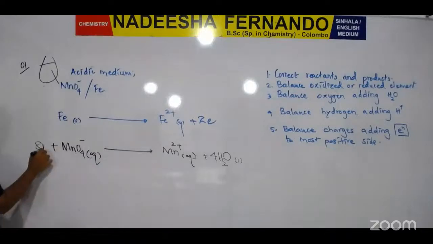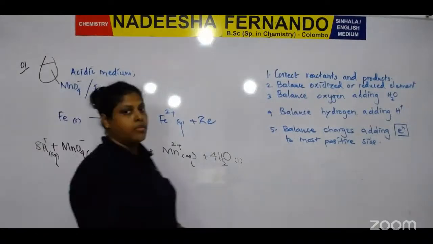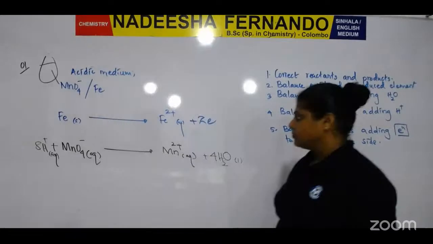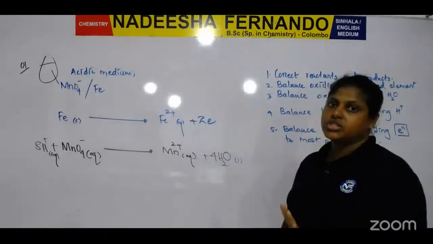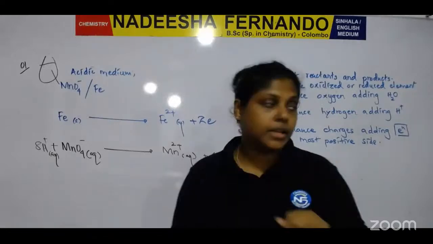reactant side. Because of the plus, the physical state is aqueous. So the number of hydrogen, oxygen, and manganese are all the same. Finally, balance what? Charge.